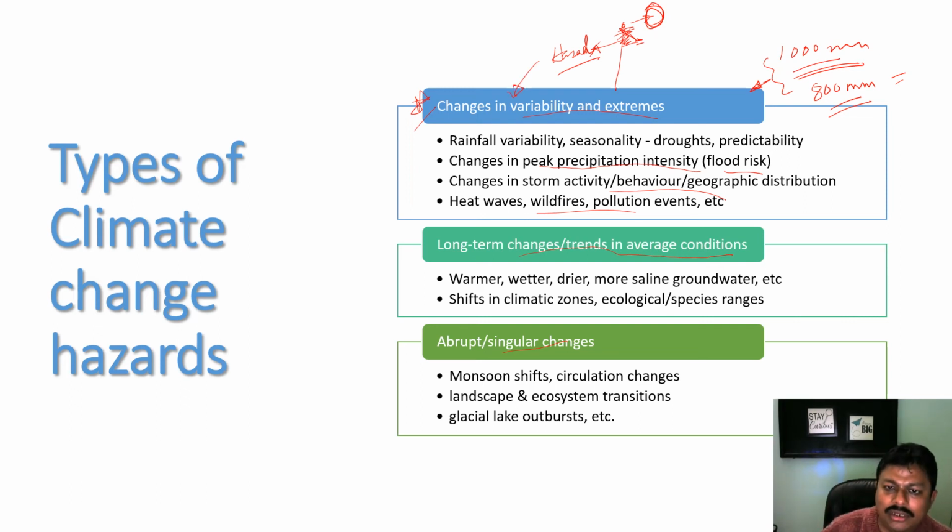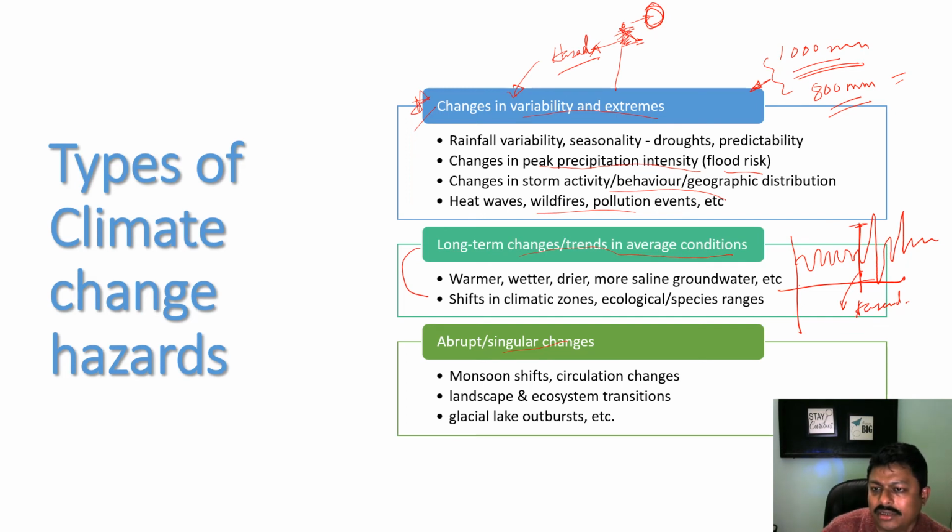Some hazards come due to long-term change. Suppose the temperature of an area changes like this: 30, 60, 90, 100. Suddenly it is changing like this. This change will also cause a hazard, and that type of hazard can be classified under this.